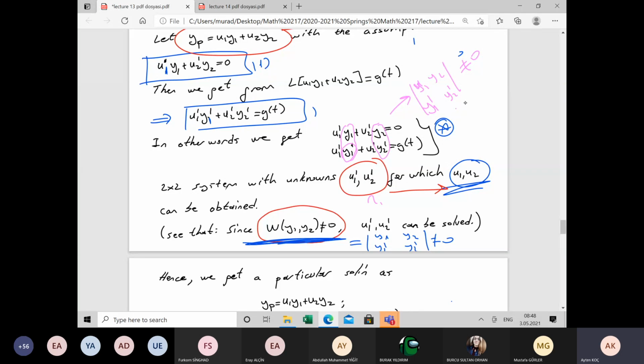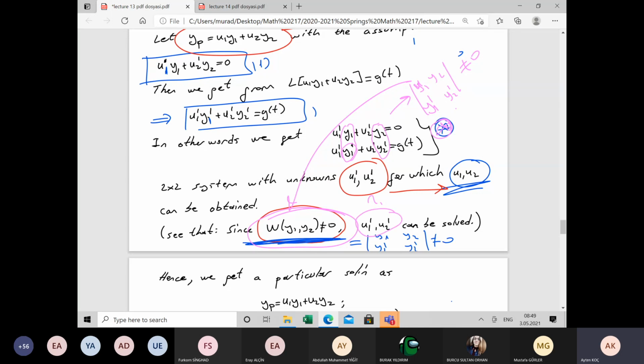Yes, this one is non-zero, because the Wronskian determinant is not zero. We know that y sub 1 and y sub 2 are fundamental, so the Wronskian is not zero. It is the determinant of the coefficients of the star equation. So yes, we can obtain u1 prime, u2 prime.